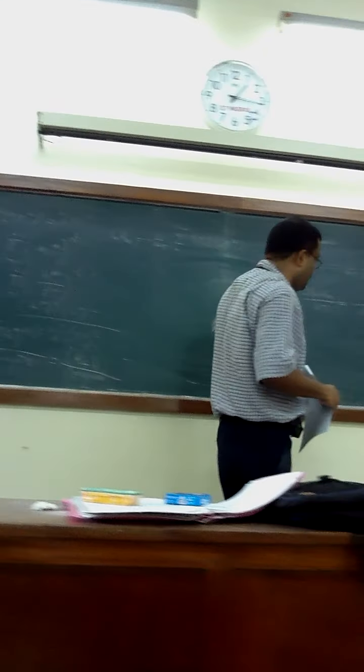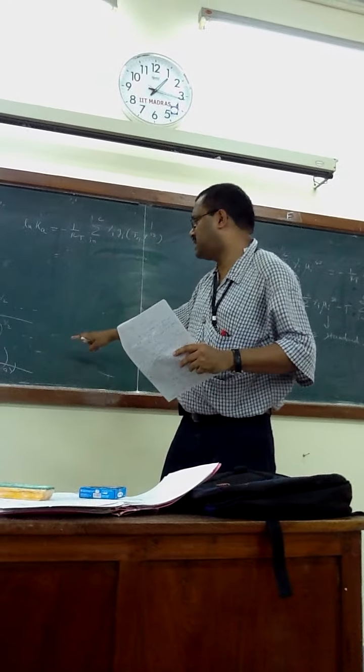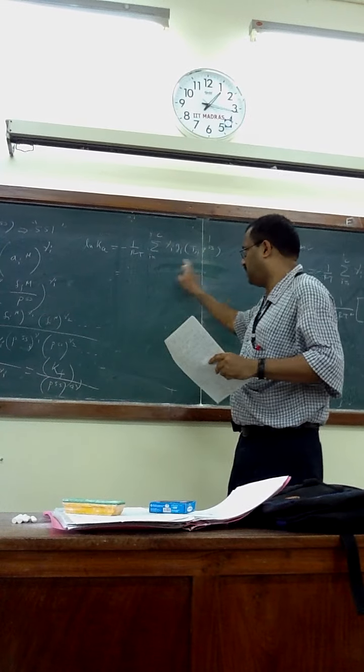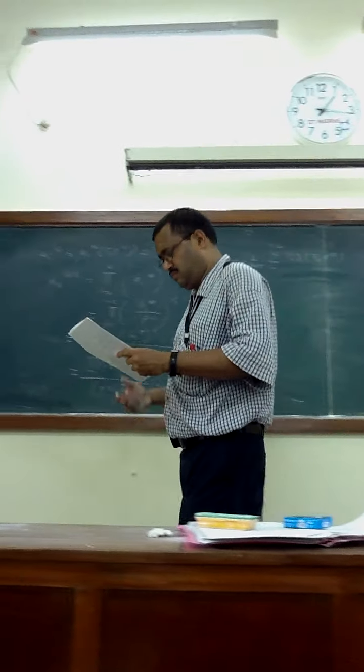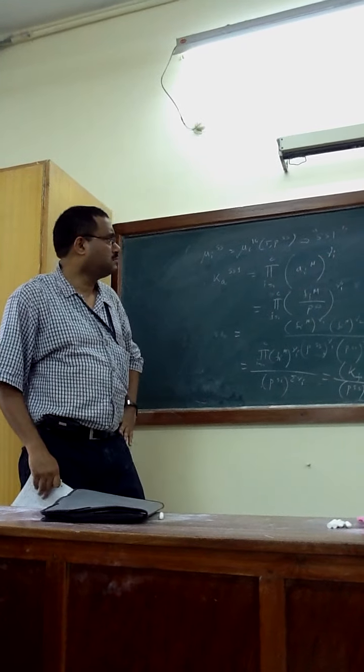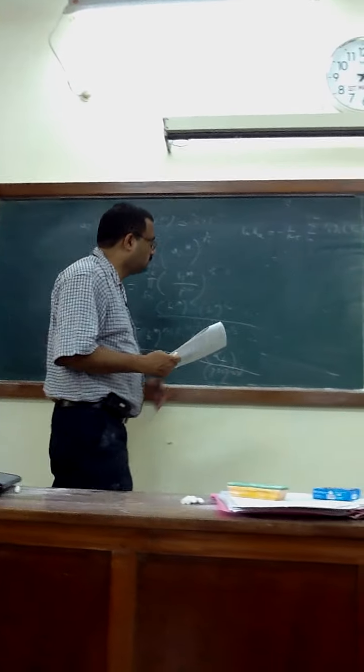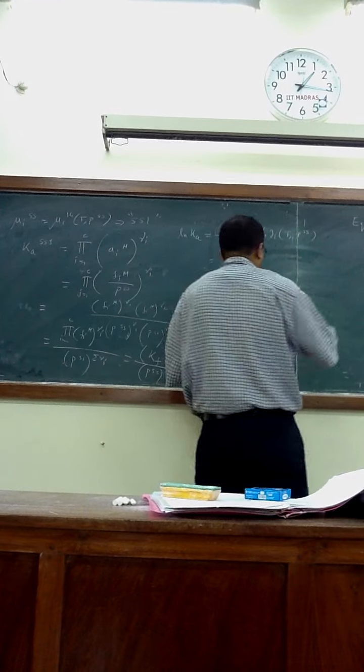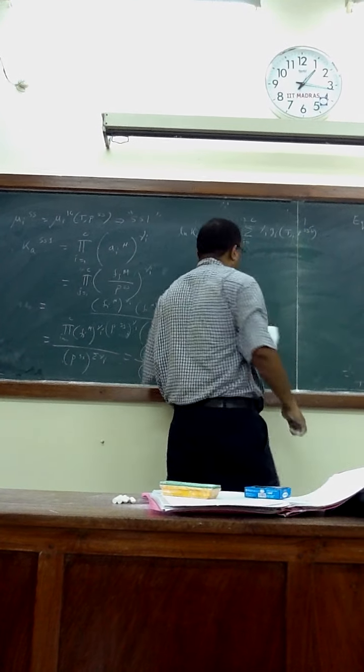What should I write here? We have written something like delta gamma. Can you write something here? ln K, if you say it is first standard state, no problem.